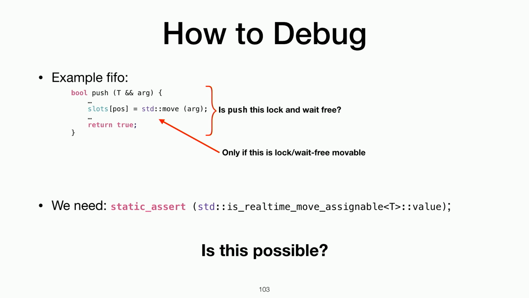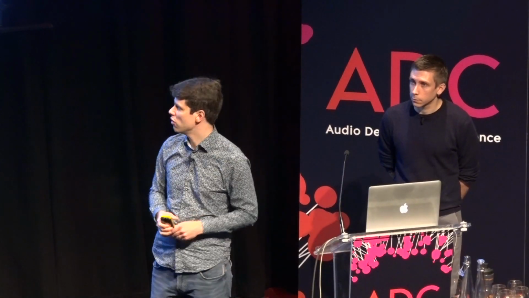So it would be really nice to have a type trait which would say, is this type real-time move assignable? Or is it real-time copy assignable? Or when you construct it, is it real-time constructible? And then assert inside my FIFO every time you use it with a type which is not real-time move assignable.